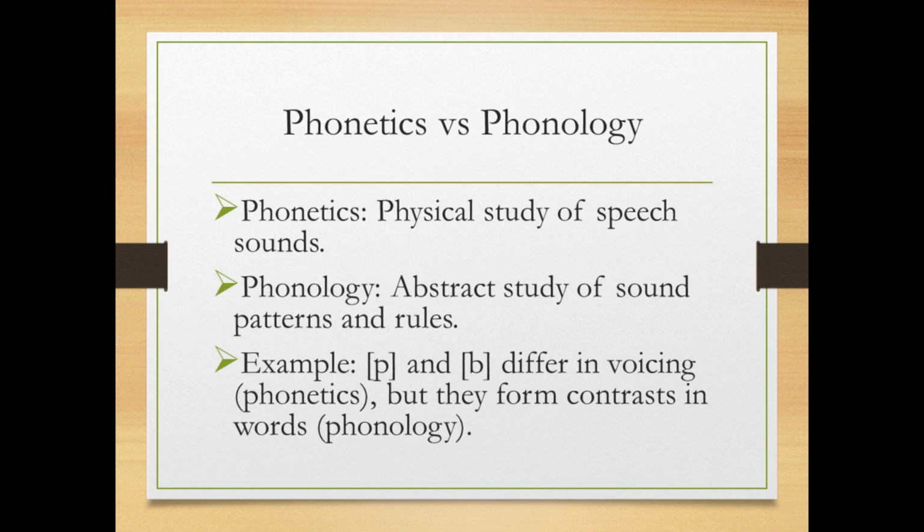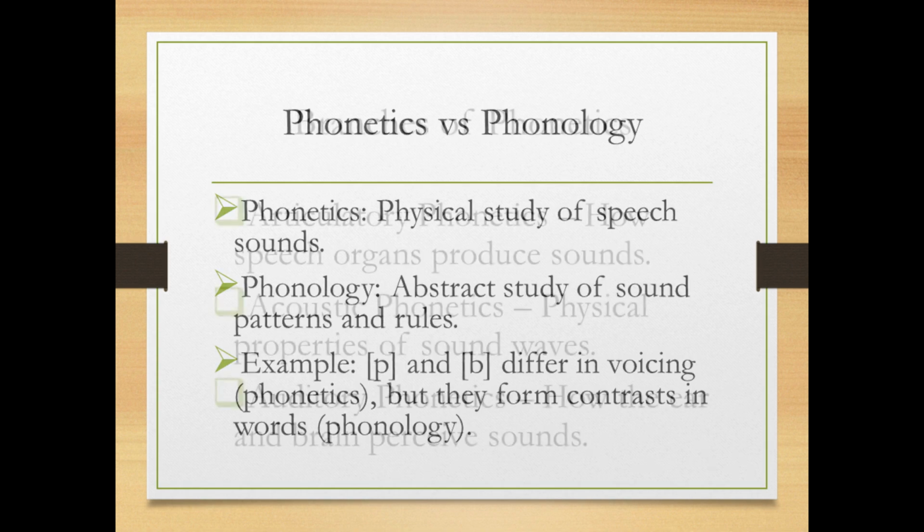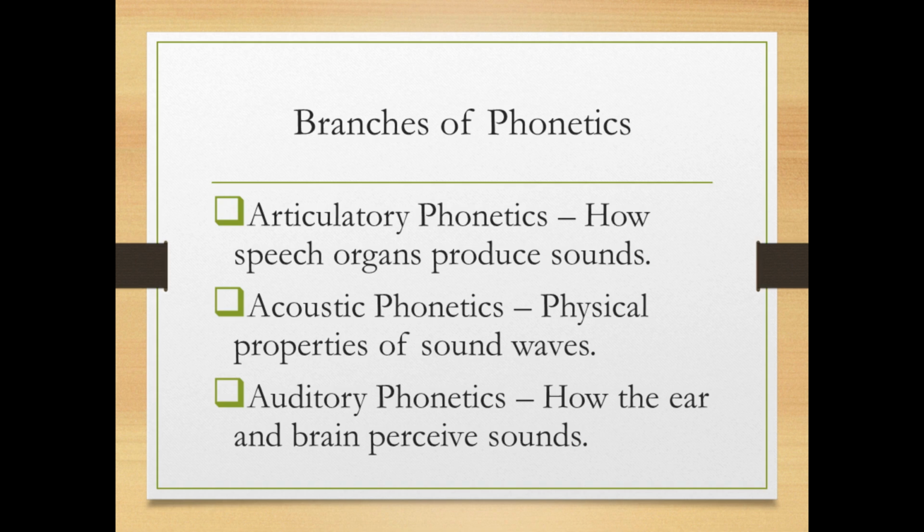The three branches of phonetics. Now, let's look at the three major branches. The first one, articulatory phonetics. This deals with how speech sounds are produced by our own vocal organs. When you speak, different parts of your mouth, like your tongue, lips, teeth, and vocal cords, work together to shape sound.